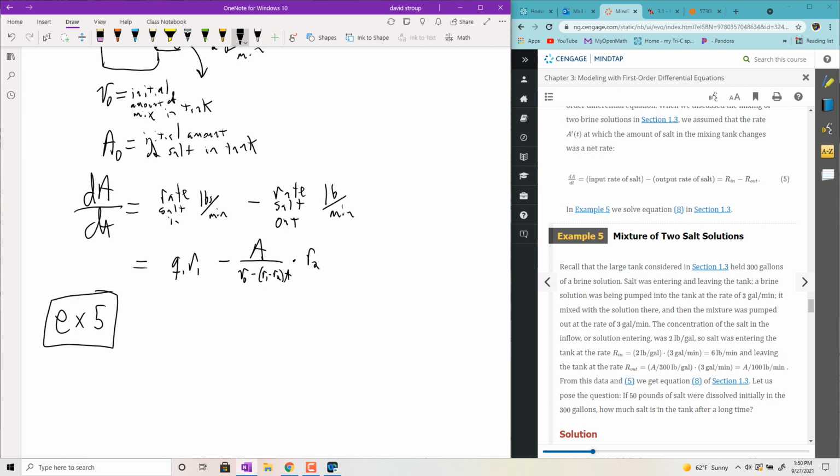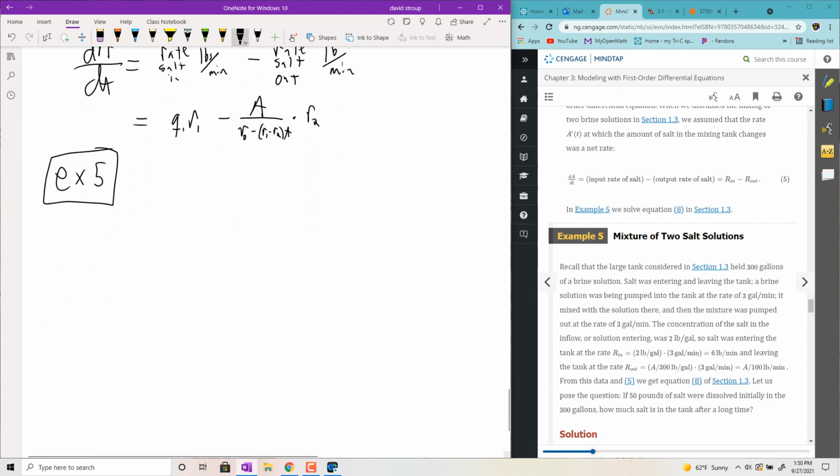Okay, so here we have a large tank that holds 300 gallons of brine solution. And then we have the output valve, or the output pipe, and the input pipe. Salt entering and leaving the tank.